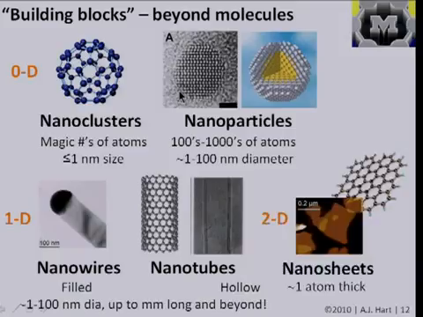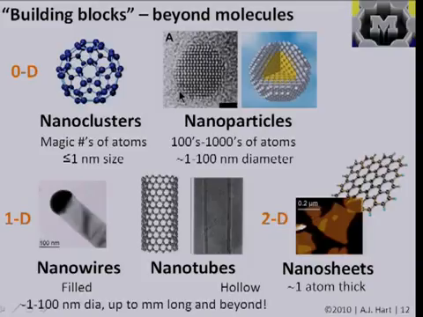And then a modification to what I showed you last time is to classify another type of structure as a sort of two-dimensional nanostructure, and this is a sheet, something such as a single layer of graphite called graphene, or a single layer of clay, as something that has sort of a two-dimensional organization. So it can be considered a two-dimensional material with zero thickness and properties defined by the characteristics of the plane.